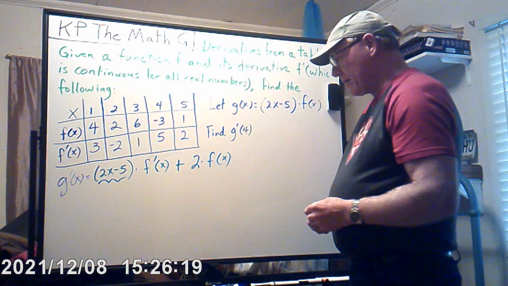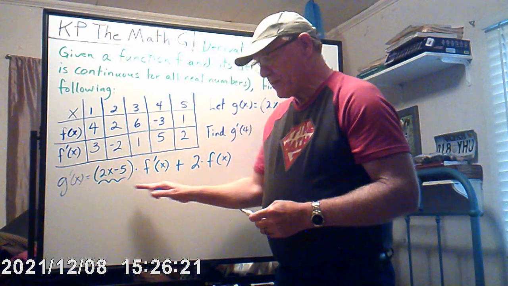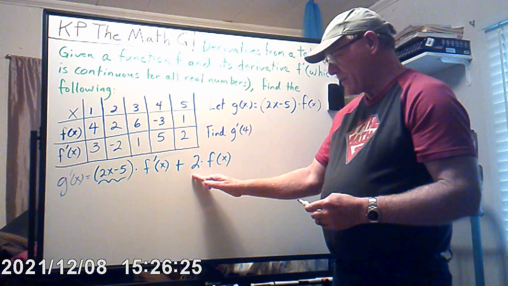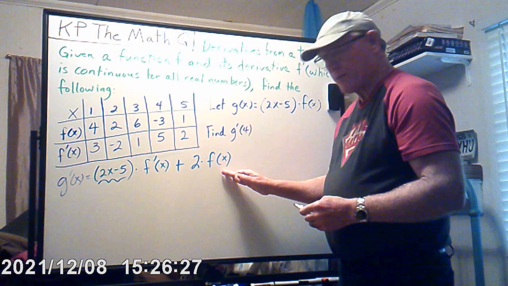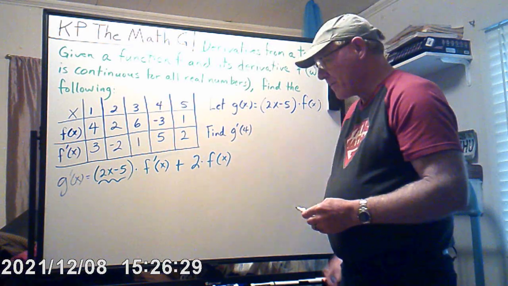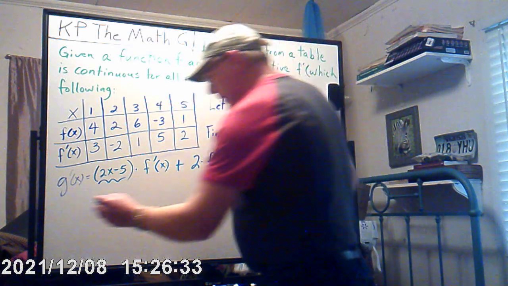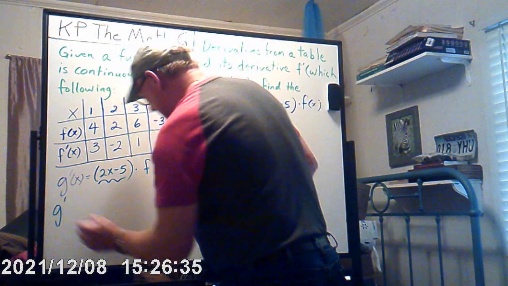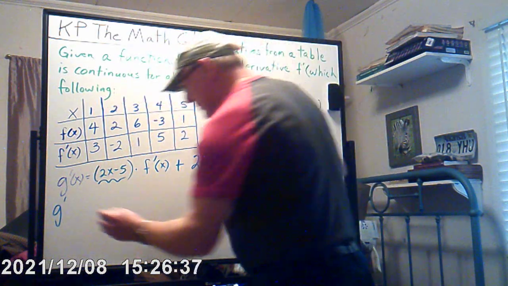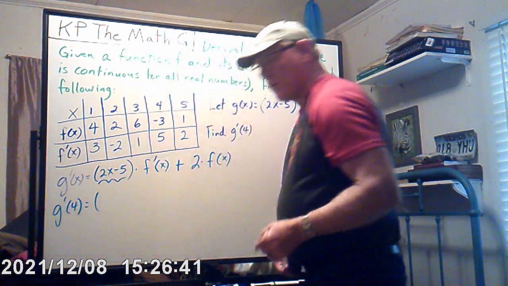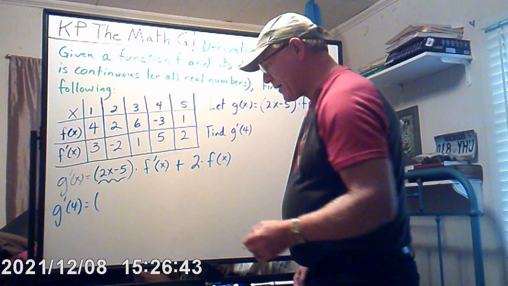The first times the derivative of the second plus the derivative of the first times the second. Let's just figure this out now. We want to figure out what g prime at 4 is. So we're plugging 4 everywhere there is an x.